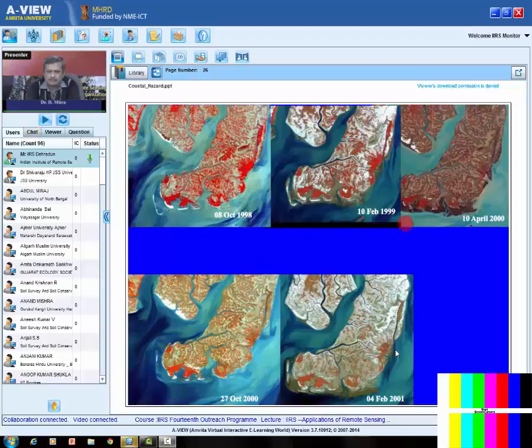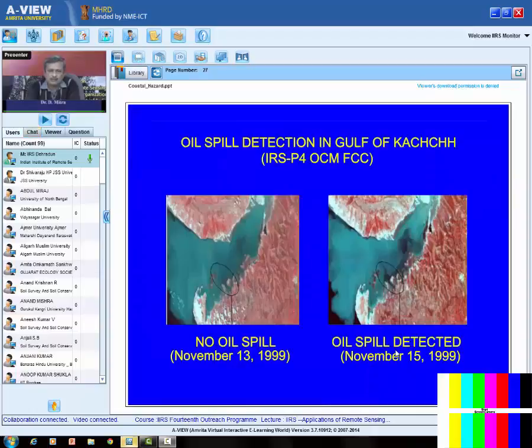This is data from 1998, 1999, 2000 up to 2001, different time periods, to show you the red patches, which are the mangrove patches, and how they degrade with time. That can be shown very nicely from this image.